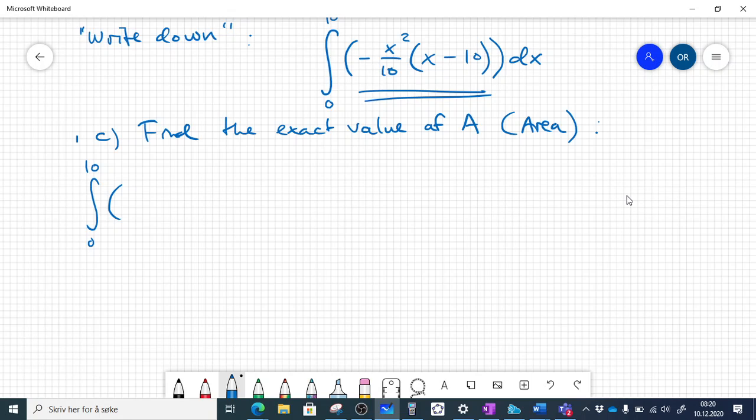And it's helpful to rewrite this into something we can recognize. So we would have to dissolve this parentheses. And that means, okay, we have minus x to the power of 3, I'm just multiplying with the x in here, divided by 10.